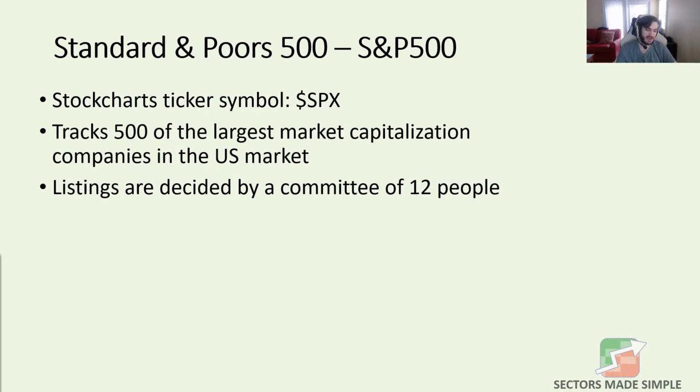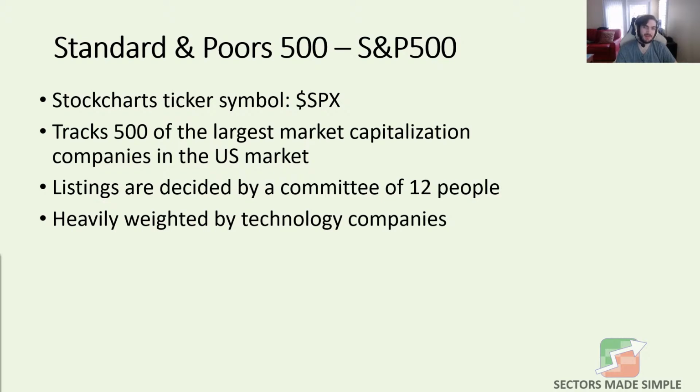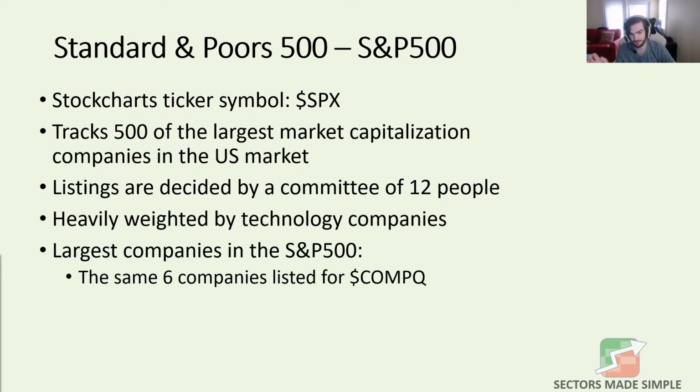And just like the Nasdaq, the S&P 500 is also heavily weighted by technology companies. And to save us a little bit of time, I'm going to just smush the 6 companies that we've talked about before into the same 6 companies as we talked about for the Nasdaq, because they're still the 6 largest companies in the US market.